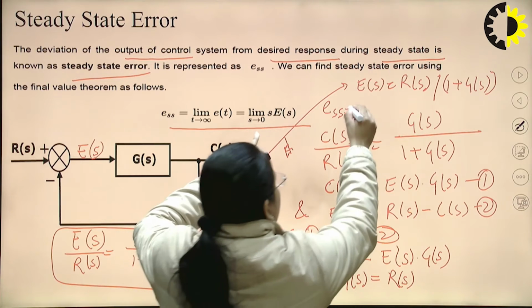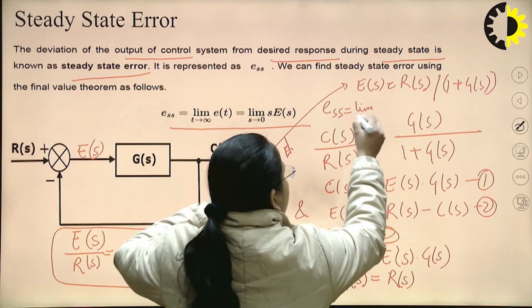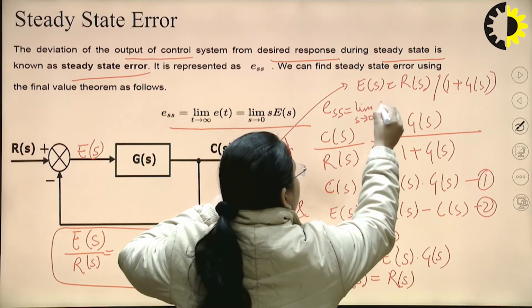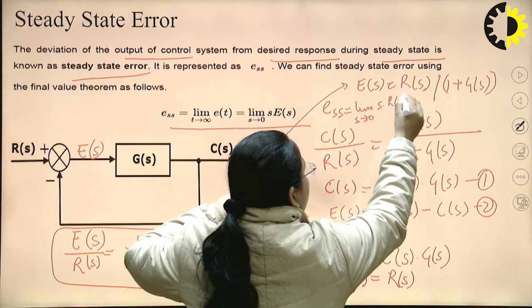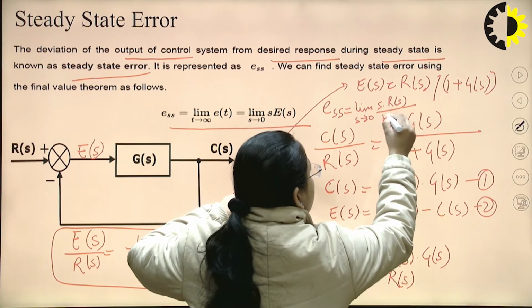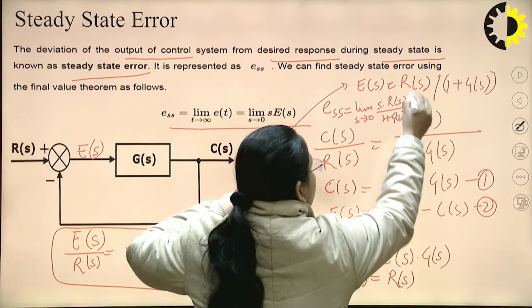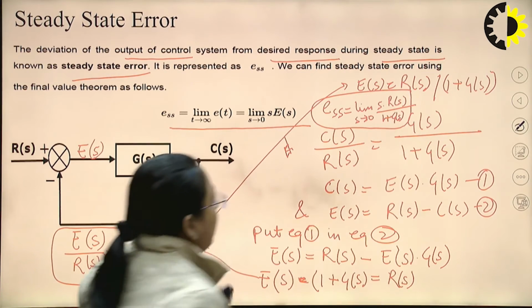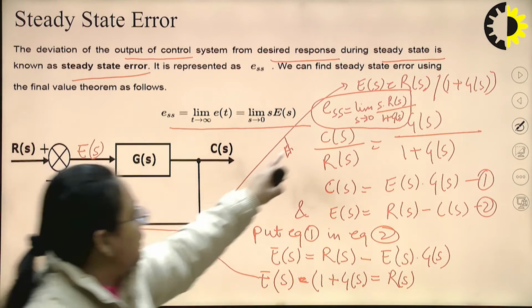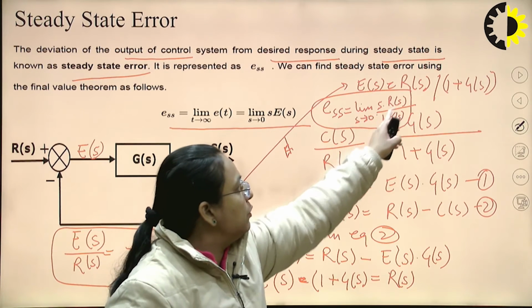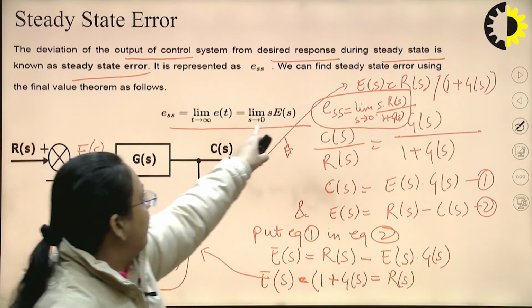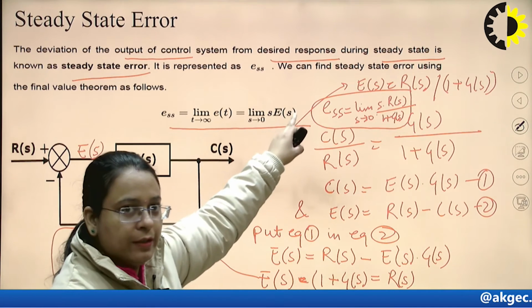So steady state error ESS is equal to limit s tends to 0 s into R(s) upon 1 plus G(s), since this is the formula for the steady state error.